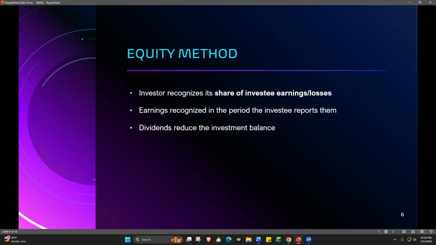In this method, dividends reduce the investment balance because part of the investment's value has already been recognized through the investor's share of the earnings.